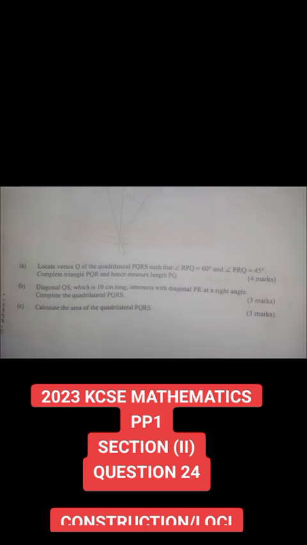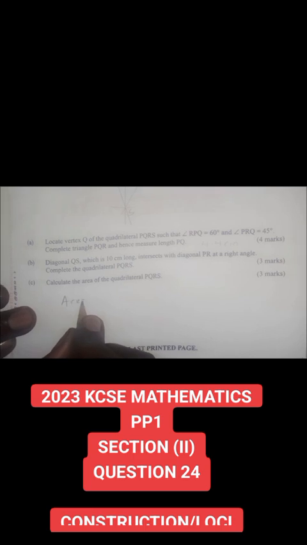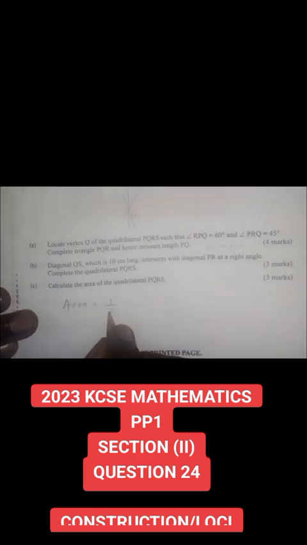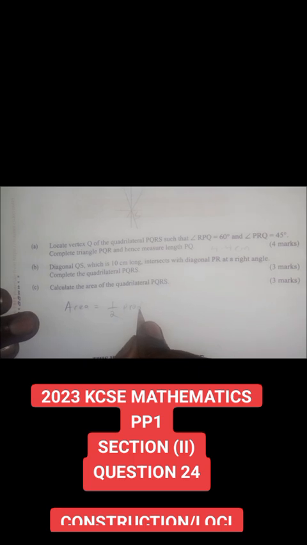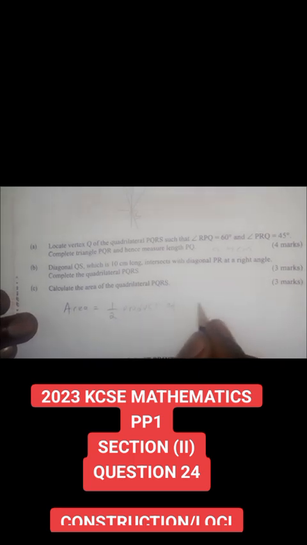You're told to calculate the area of the quadrilateral. I have just given you a hint that this one is a kite. So how do we find the area of a kite? To find the area of a kite, just say area is equal to half the product of diagonals.